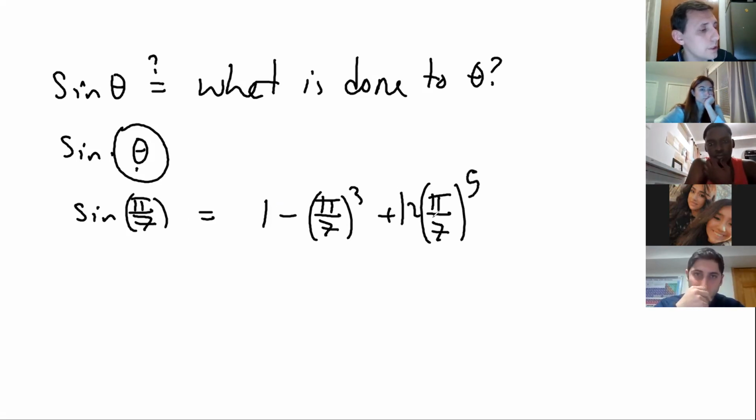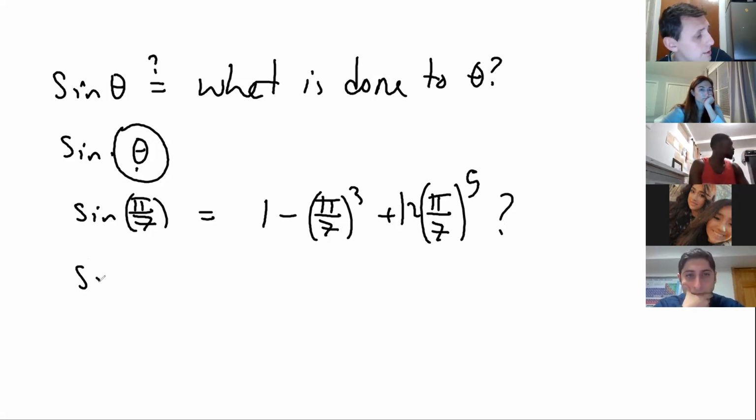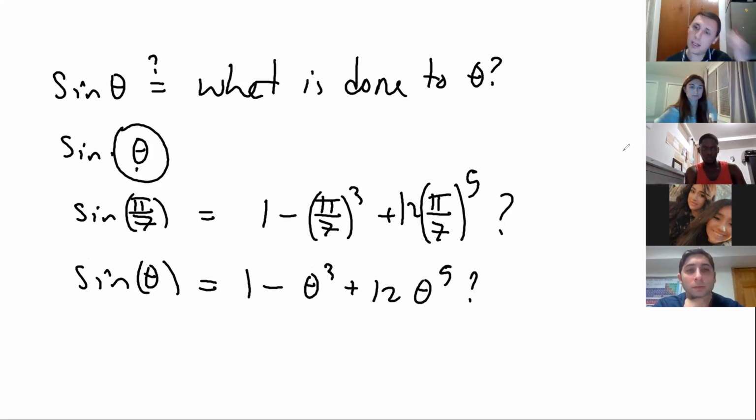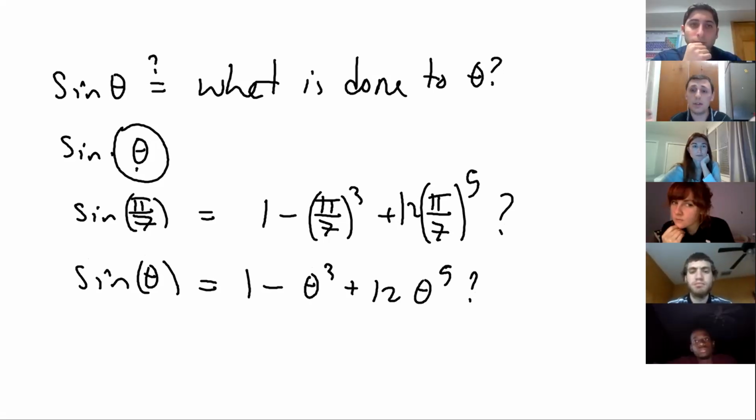In other words, could sine of theta be this formula: 1 minus theta cubed plus 12 theta to the power of 5? I'm just creating a polynomial out of the blue. I'm not saying that's this one, but can I create a digestion mechanism that will tell me what sine is doing to the angle? How is it explicitly churning its ratio out of the angle?